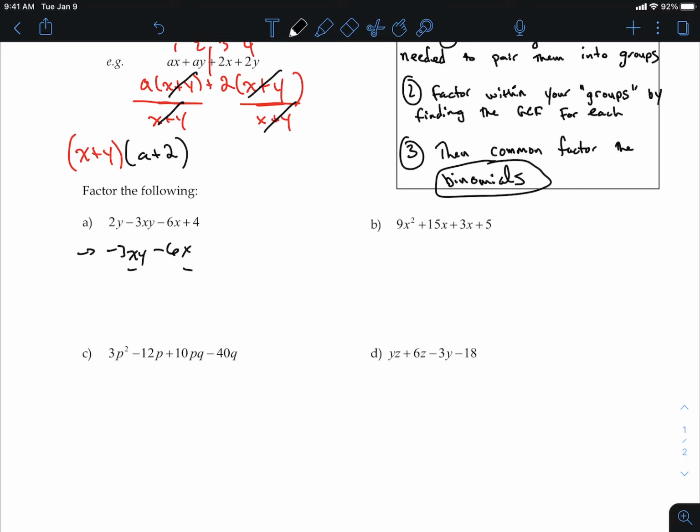You wouldn't necessarily group 2 and 3 together because you can't divide 3 by 2. 6 and 4 wouldn't be bad, but then that leaves you stuck with the 2 and 3, right? So there's a little bit of creativity here: you've got to look at what's there and then group accordingly.